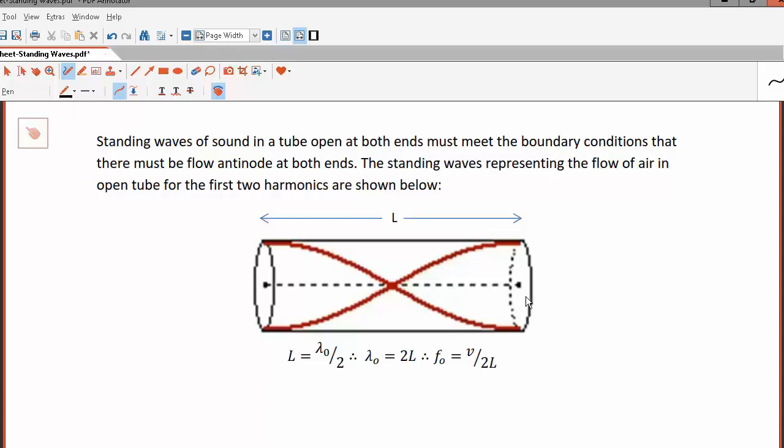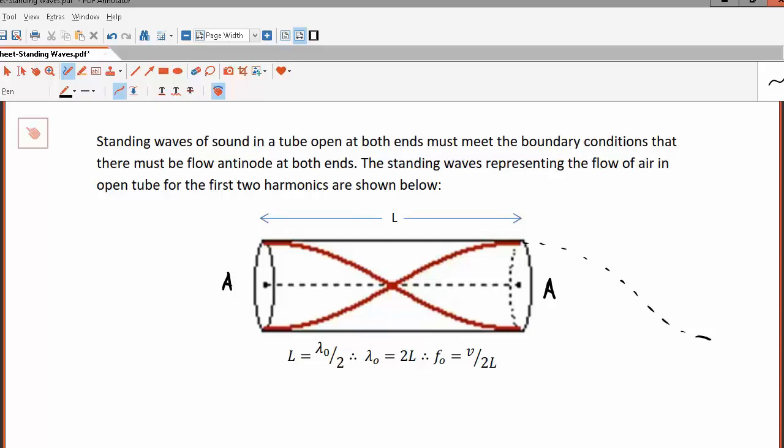When we have the tube open at both ends, the waveform that will fit must have a flow antinode at the open ends. Here we see an example of the longest wavelength waveform that will fit, and you'll see hopefully that if I continue this line, the length of the tube now represents half a wavelength of the frequency at which the sound waves will resonate in this tube.